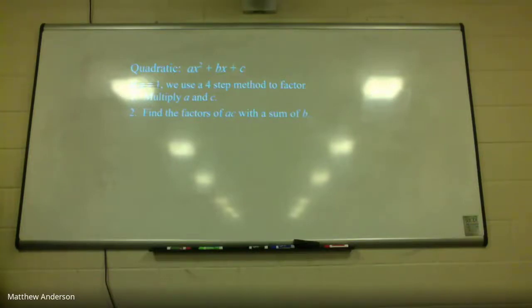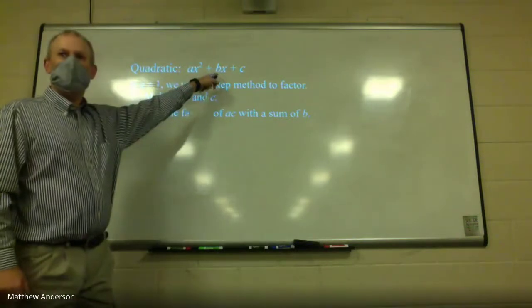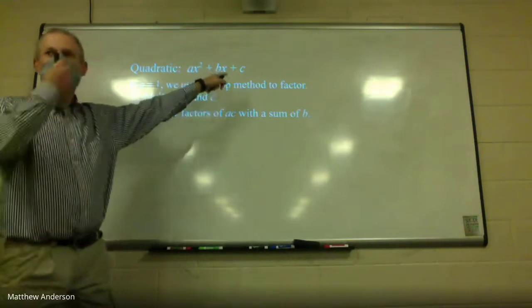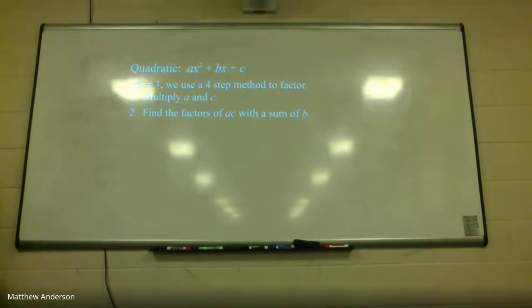We're going to find the factors of a times c that will add up to equal this b value in the middle. I'm going to show you lots of examples of this. So, two things that multiply together to be a times c that will also add up to be b.